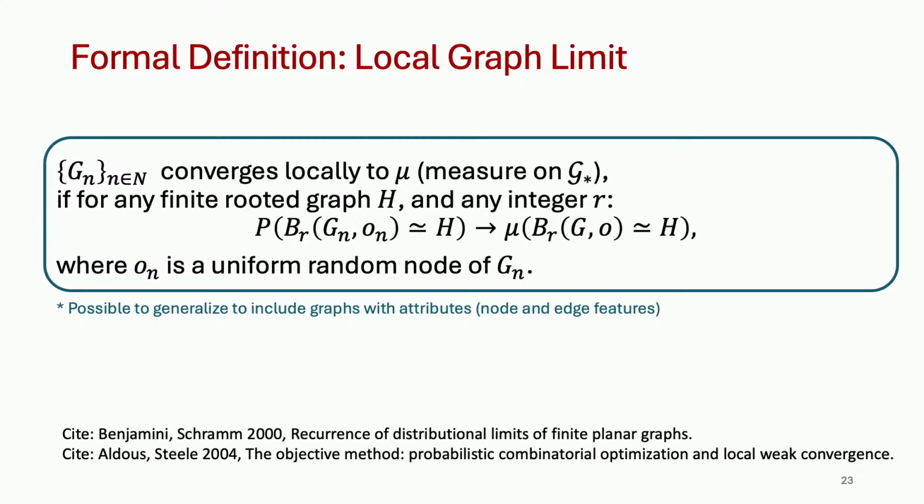And another thing to say is that the first version of the theory was just for graphs without any marks, but you can easily extend it to when you have attributes and features on edges and nodes. Okay, and another thing I wanted to say is that all of the sparse random graphs that you know have a local limit.